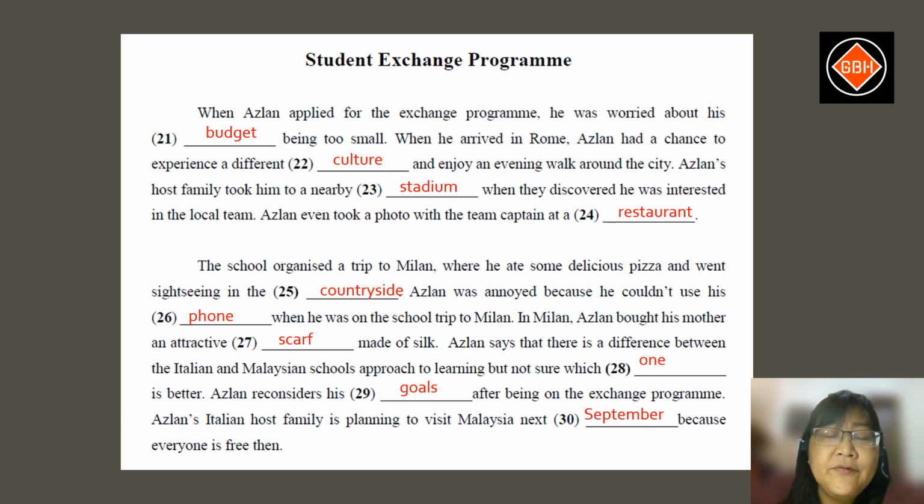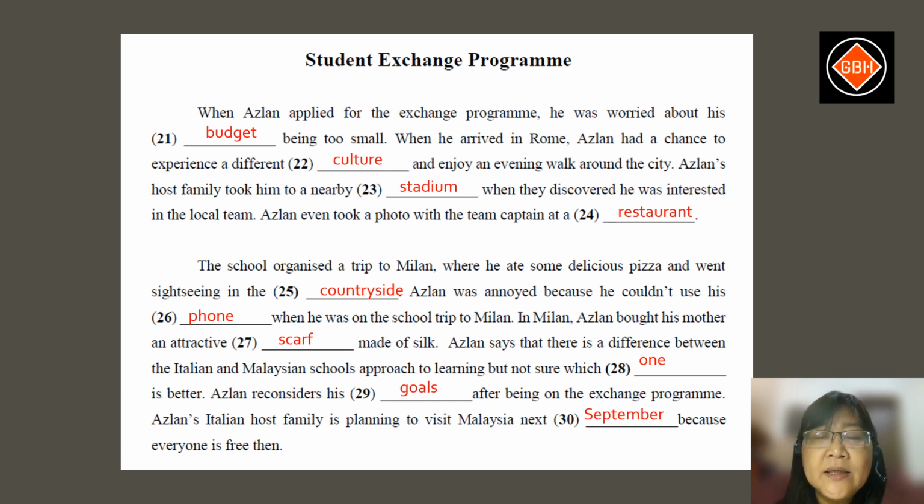Different is an adjective, so you have culture. And then you have a nearby. Nearby is also an adjective to say that it's near you, and the noun is stadium. For 24, it is a, so a restaurant, another noun. For 25, the answer is in the countryside. So countryside is a noun.